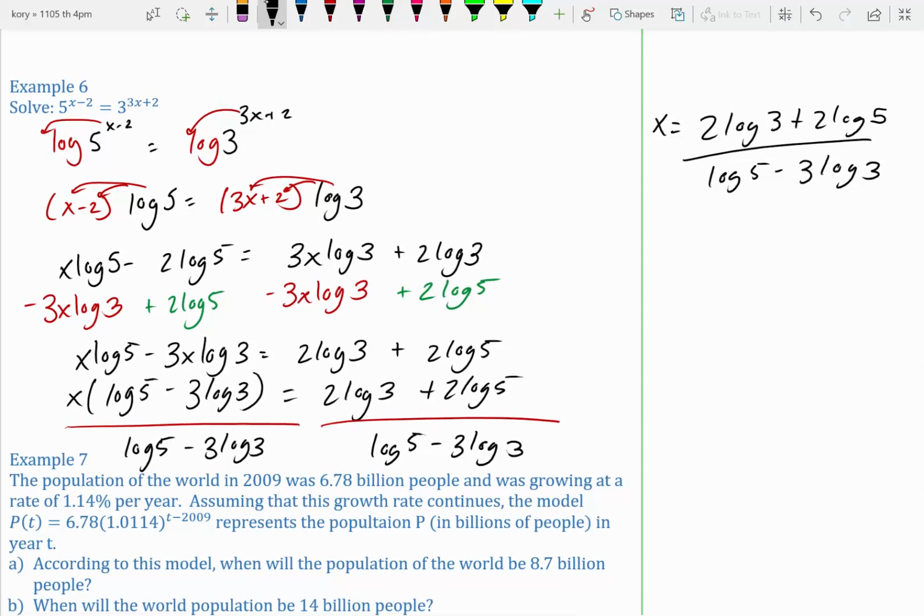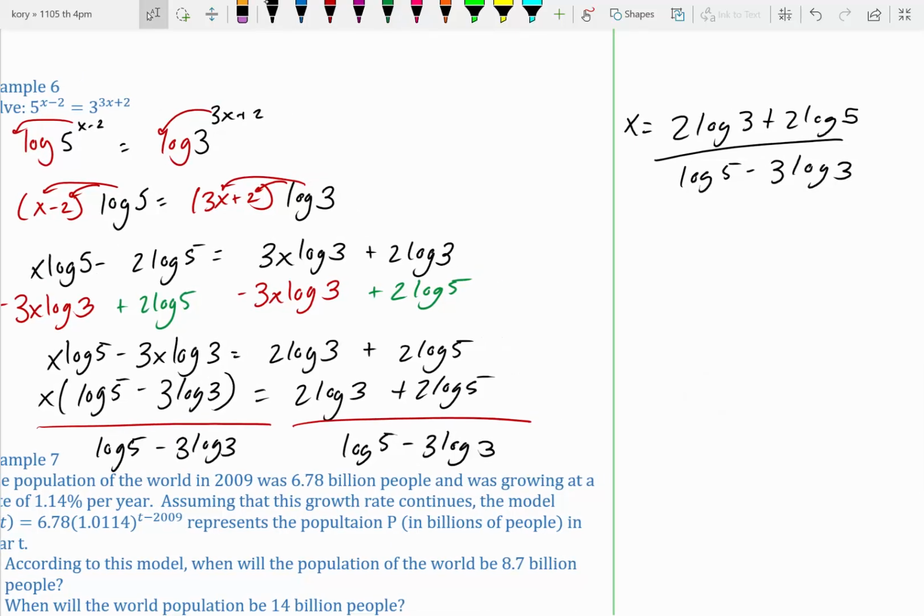That is our exact solution. Our approximate, and again, I'll show you on the next example how to do that with your calculator, is negative 3.2116.